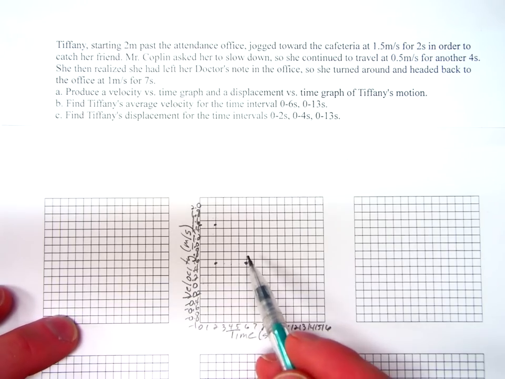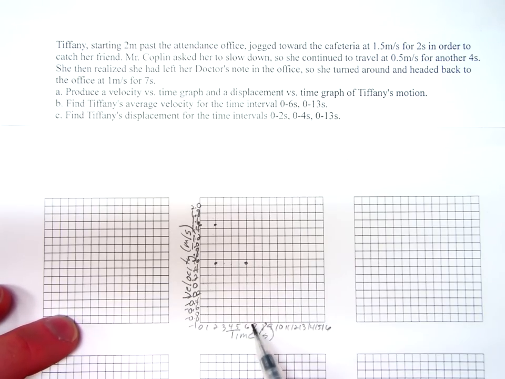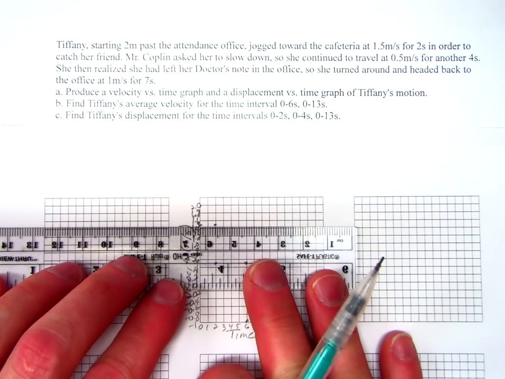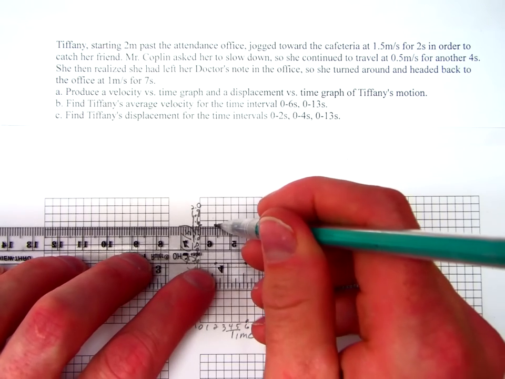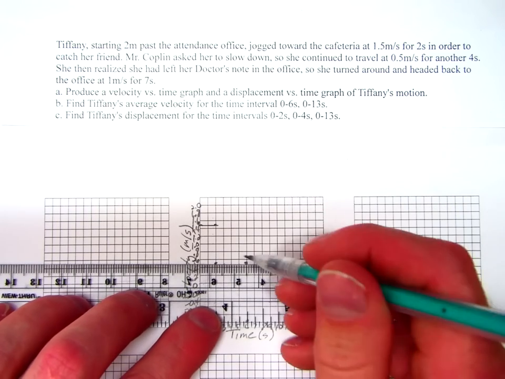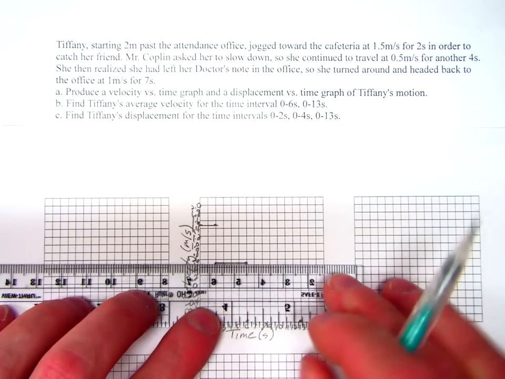And then she travels at -1 for 7 seconds. So -1 is down here, and it's for 7, so that would take us to 13. And then we're going to go ahead and draw our lines representing our velocities. These are different line segments that are constant motion line segments.